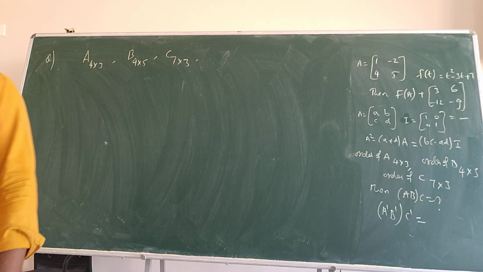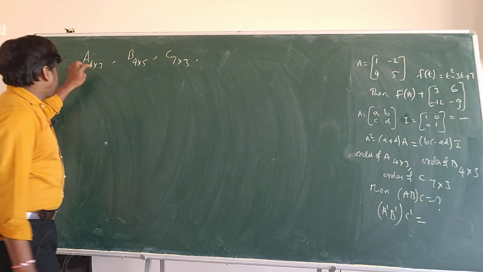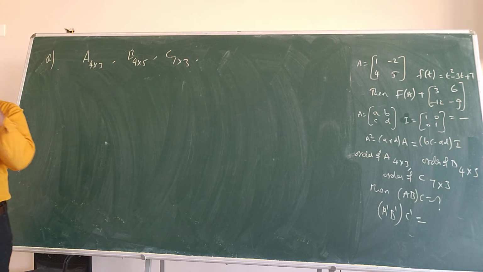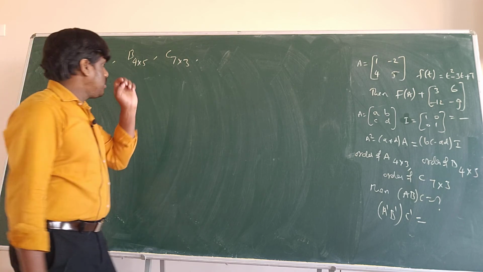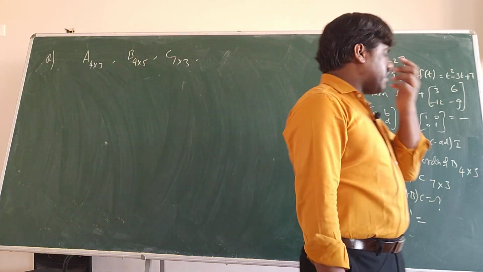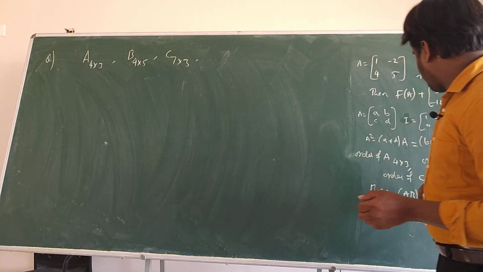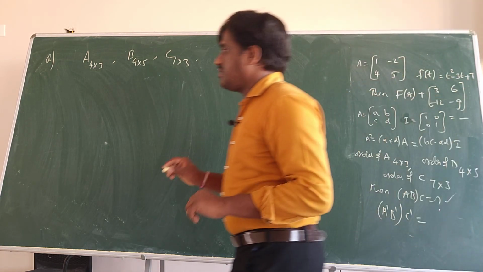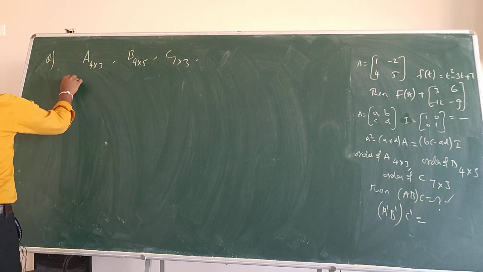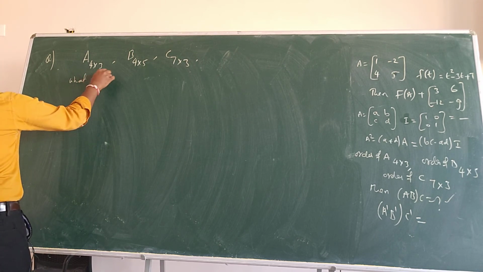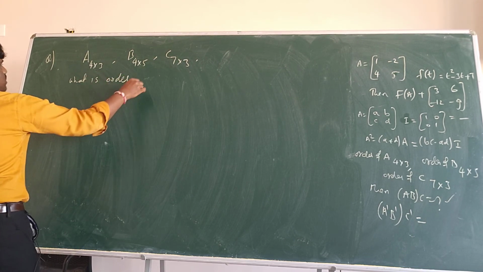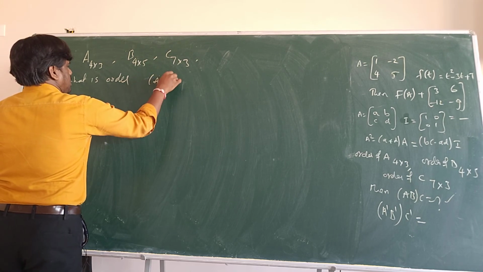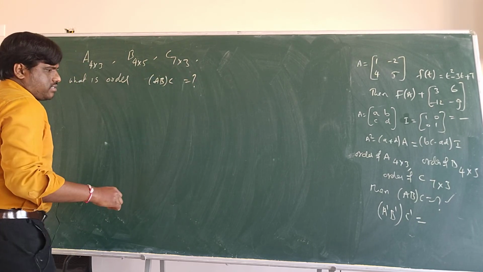Okay. So A is equal to the given 4 by 3 order, B is equal to the given 4 by 5 order, C is equal to the given 7 by 3 order. You have to find the order of these things. What is the order of the matrix AB into C? What will be the order of this matrix?